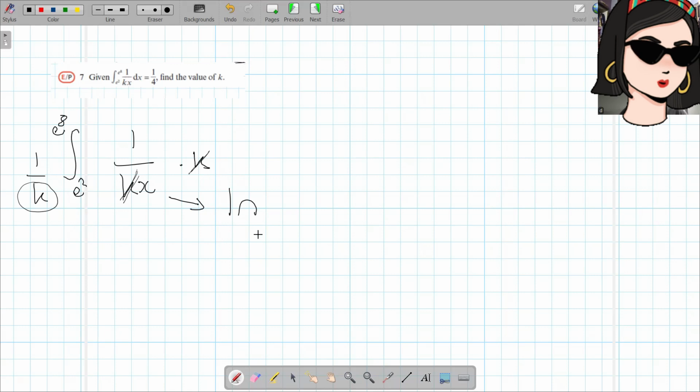And then that's it, isn't it? Times 1 over k equals 1 over 4. But we have limits as well. It's a definite integral. Yeah, apply the limits. Okay, so we don't mess with this yet.